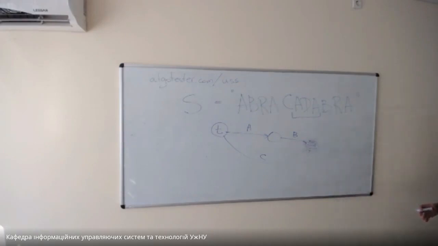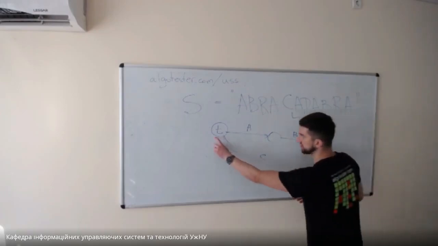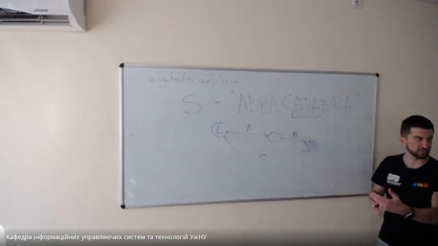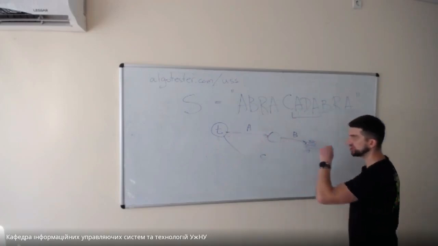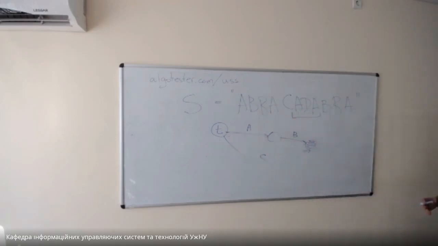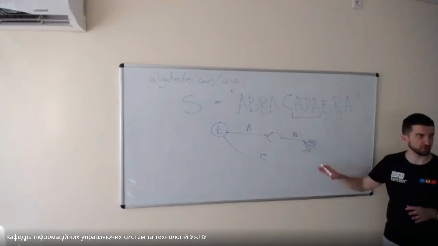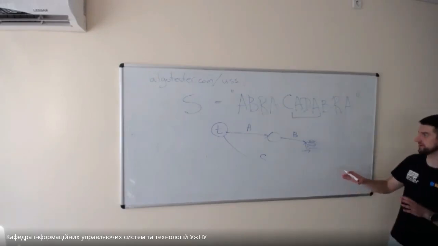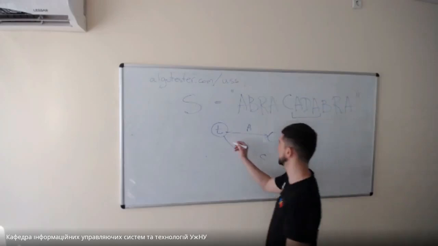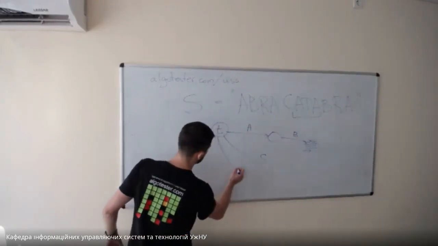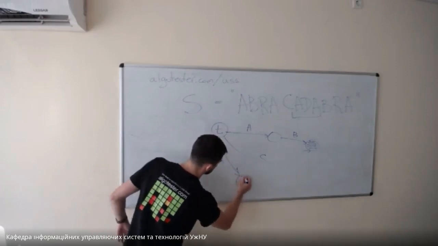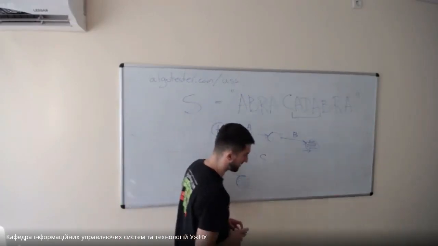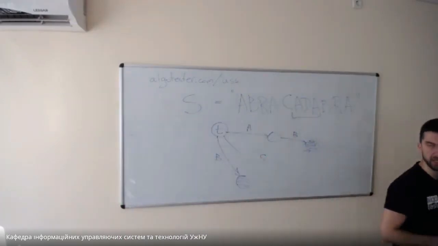So what we do, we start from the initial vertex, from the initial state, and then we follow these edges until we reach one of the terminal states. There can be multiple of them. Let's add another edge. Let's assign letter B to it, and let's add another terminal vertex or state here.